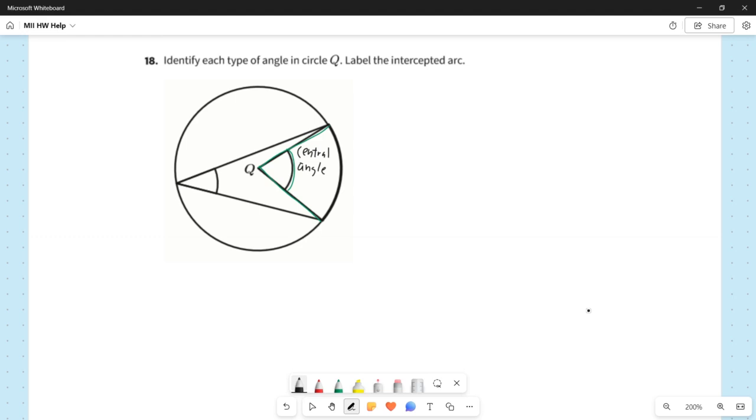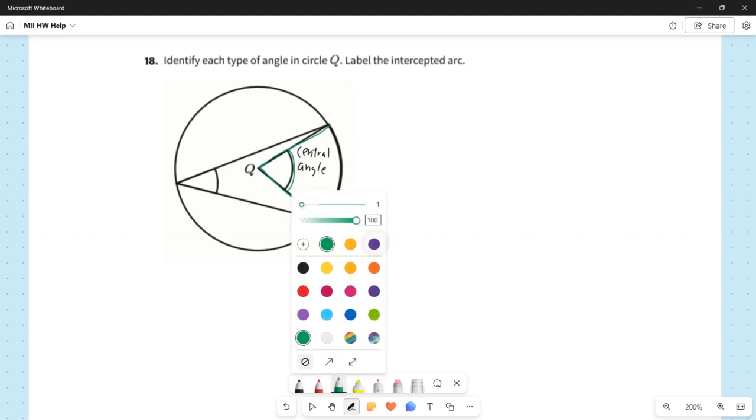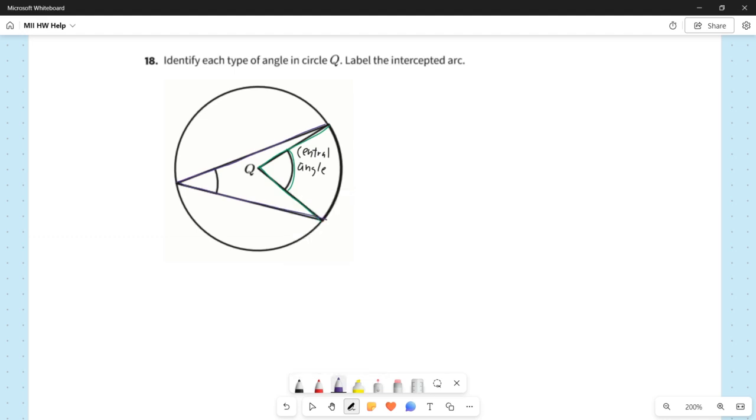We also have an angle on the left that's not in the center. So now we'll do this in purple. We have an angle that is formed by this chord and this chord. And that's my angle there. Unlike the central angle, this angle is touching the circle itself.